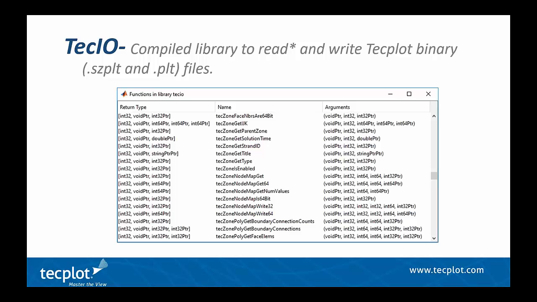However, it can only read the SZPLT files. Here are some examples of functions in the TecIO library: TecZone get title, TecZone get IJK, both with input and output arguments as presented here. This is how you'll see it in MATLAB.